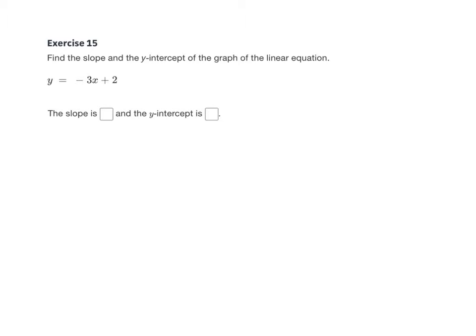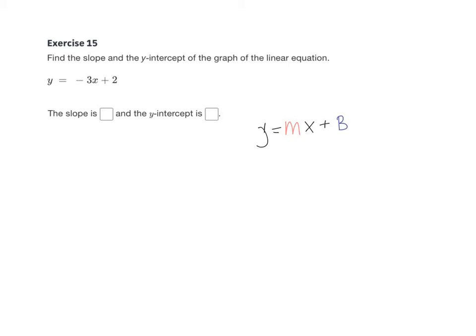So just to write this out, we got y equals m x plus b.